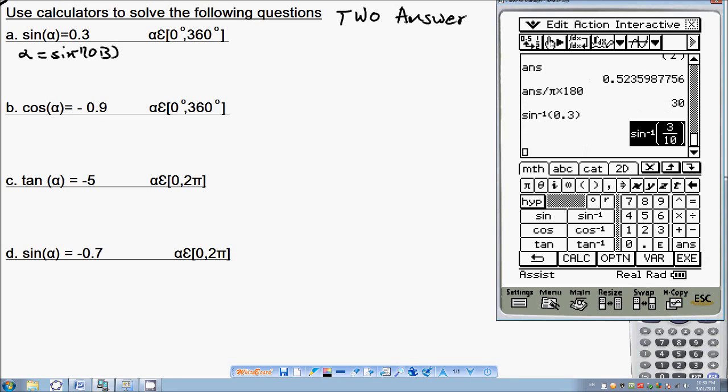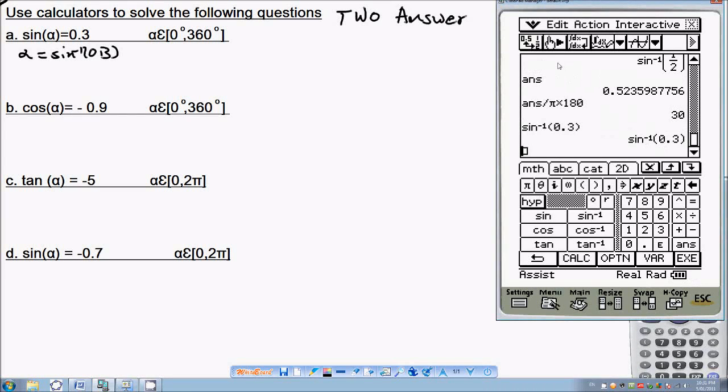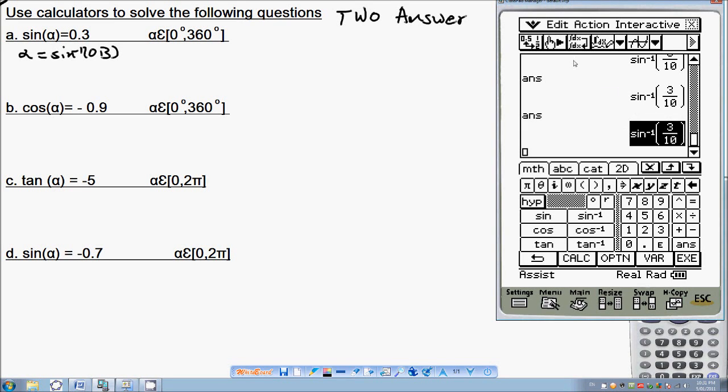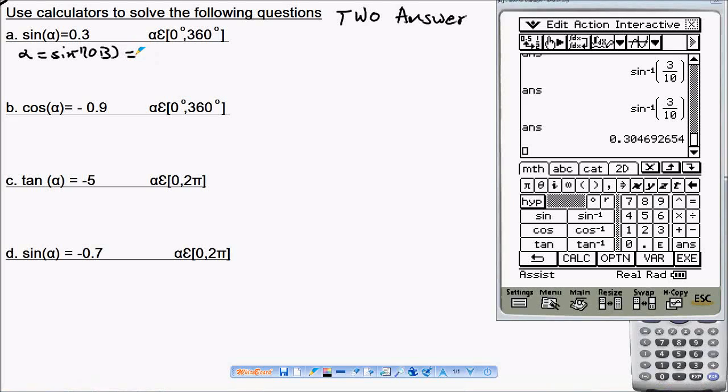So we have inverse sine 0.3, and we click enter here. Now we have 0.3047, and this is in radians.